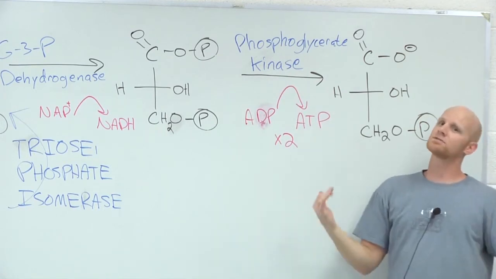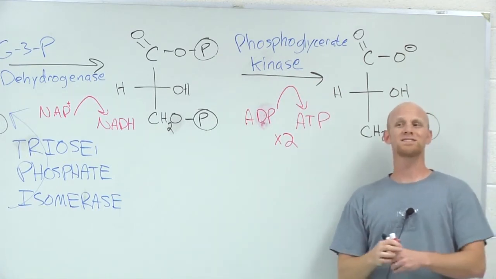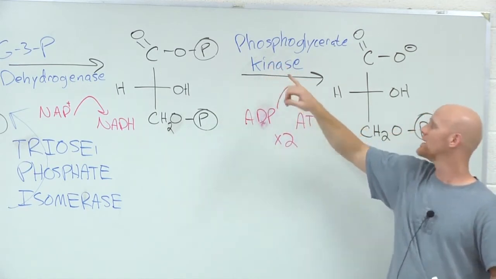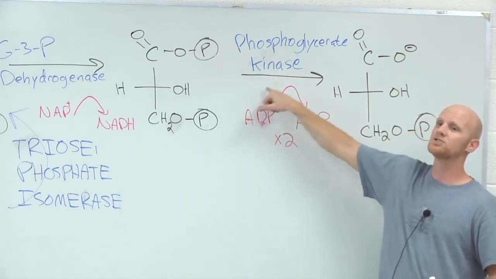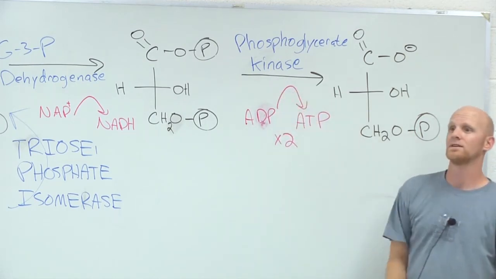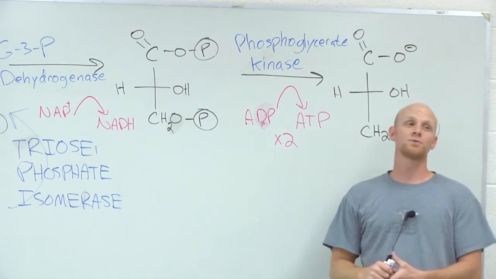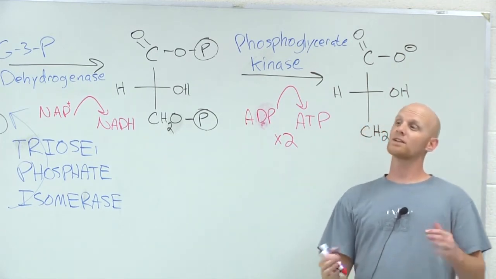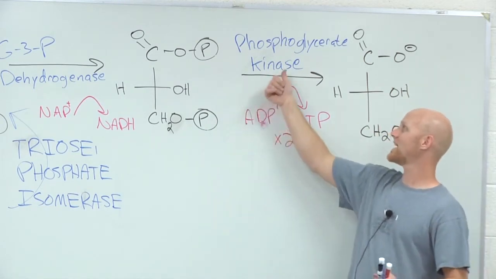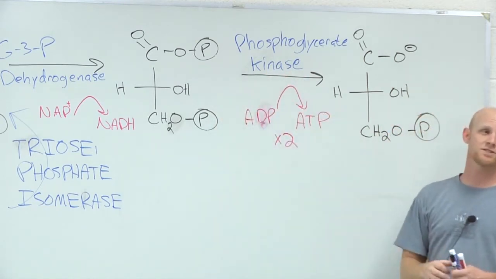Sometimes your enzyme names seem to be a little backwards, and this is one of those cases. This one kinase actually leads to the production of ATP as we follow it through glycolysis. A lot of these reactions are reversible, and we'll see that in gluconeogenesis, and maybe that's where some of the backwards names come from. But in this case, it's a kinase, but it's actually resulting in the production of ATP.